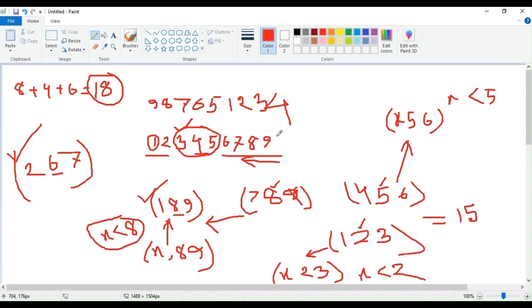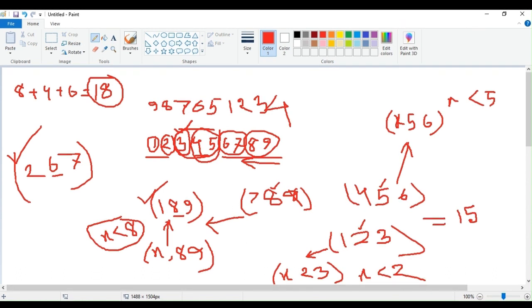If you take first these two, and from the first you will take first one, second couple, and the second one from the first, and the third couple, and the third one from the first. So if we iterate this array this way, and in the meantime you do the sum, you will get our optimal result.